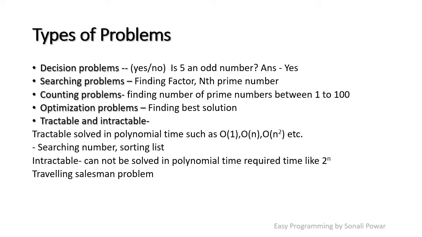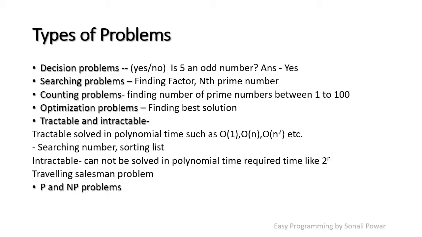The example of intractable problem is the traveling salesman problem. Actually, what is meant by tractable and intractable problem? See here the value of n means the number of inputs. As we increase the number of inputs, the time required for the intractable problem increases by a large amount.